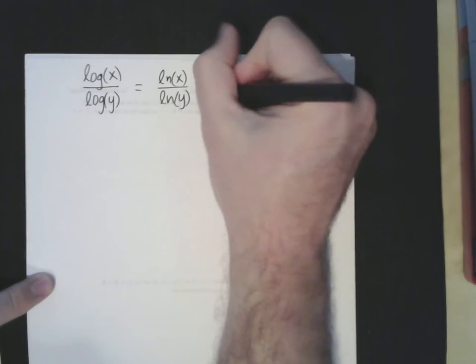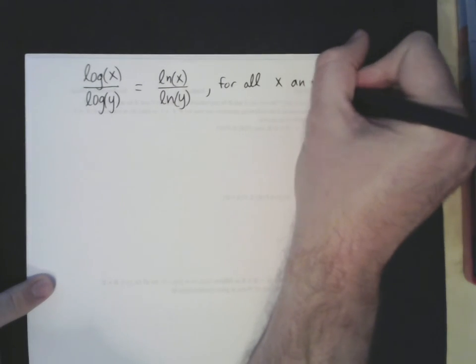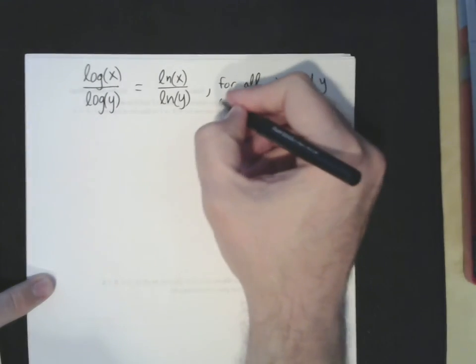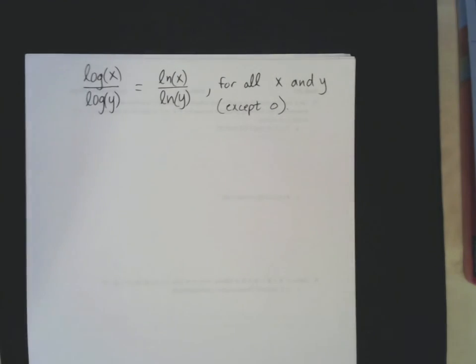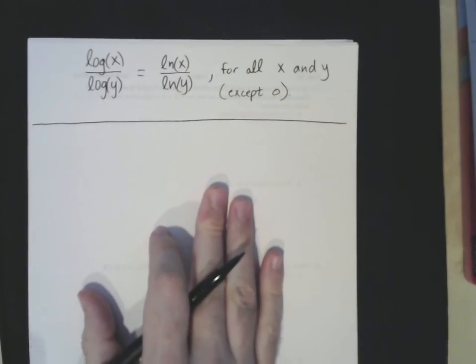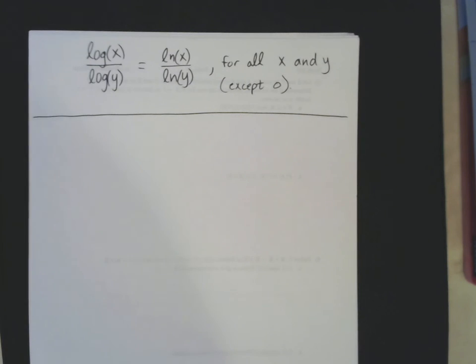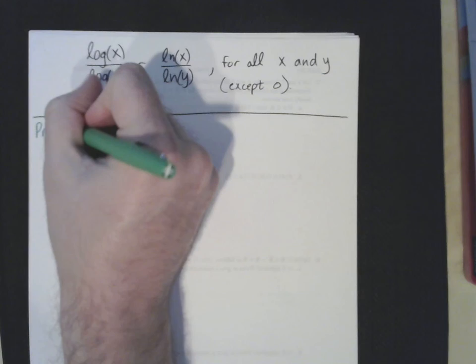And this is for all x and y, except 0, obviously, since 0 is not in the domain of the logarithm. It also makes things really easy. It means that natural log and common log essentially do the same thing when you think of it in this ratio.